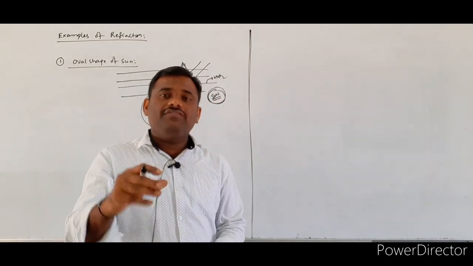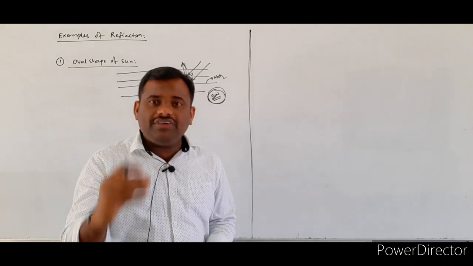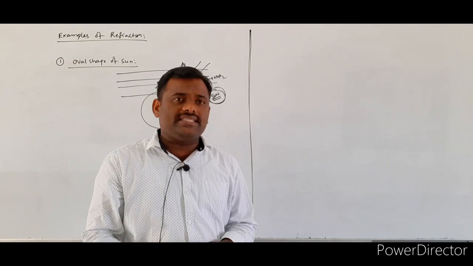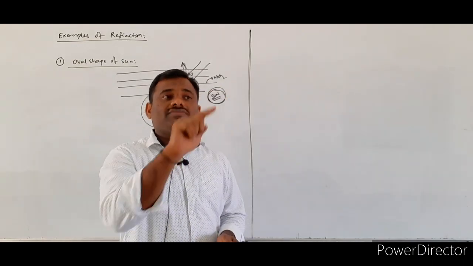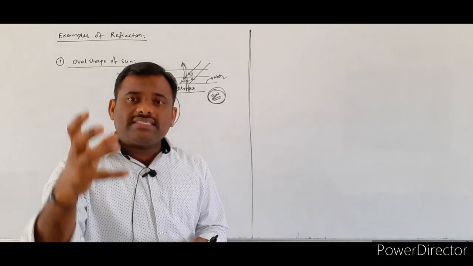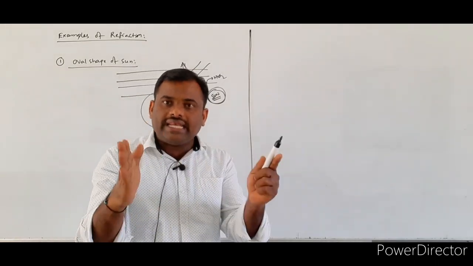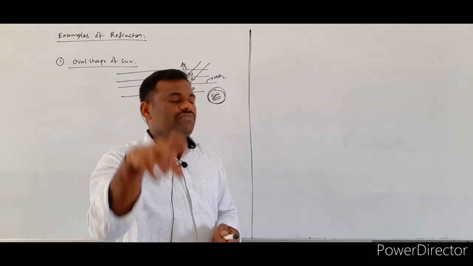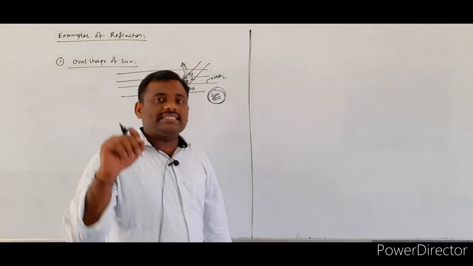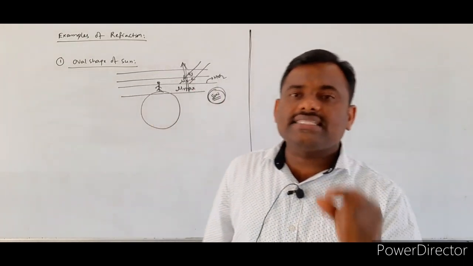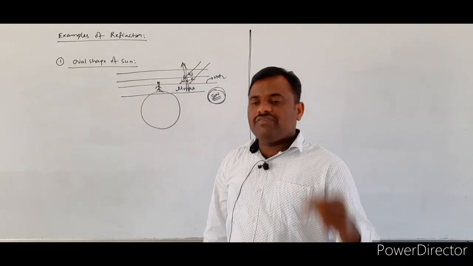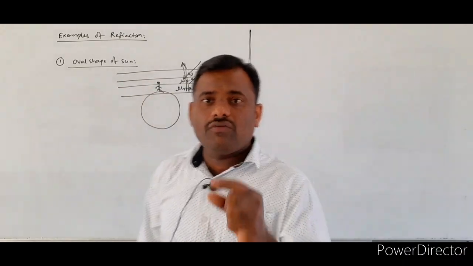As a result, because we are receiving different refracted light rays, that means we are receiving light rays from different spots of the surface of the sun. Due to the different refractions in the Earth's atmosphere, the sun appears in an oval shape. So this is the main reason for the appearance of the sun in an oval shape.